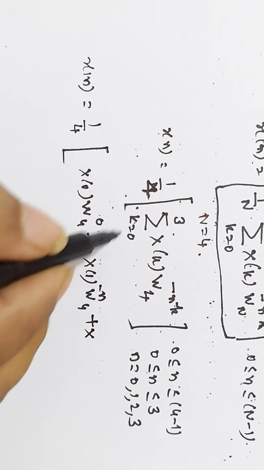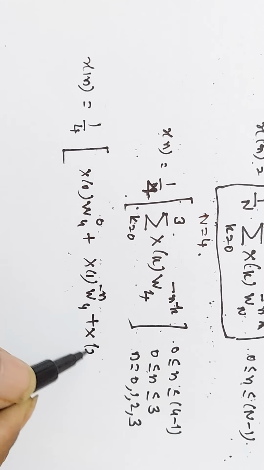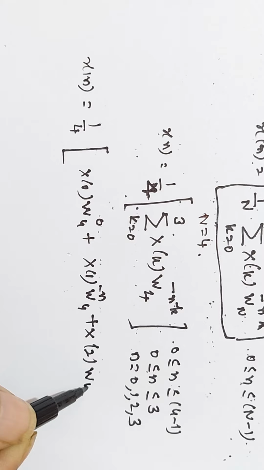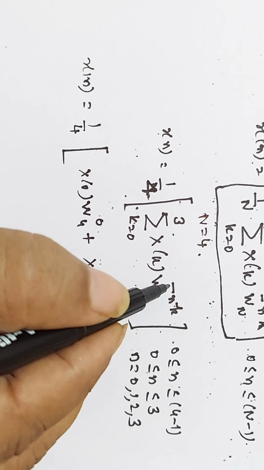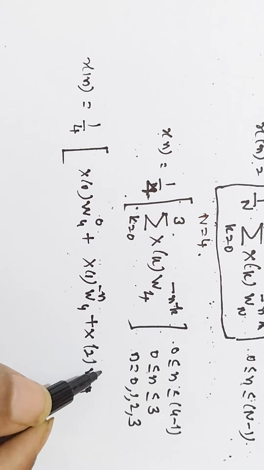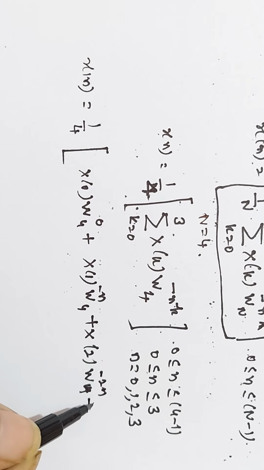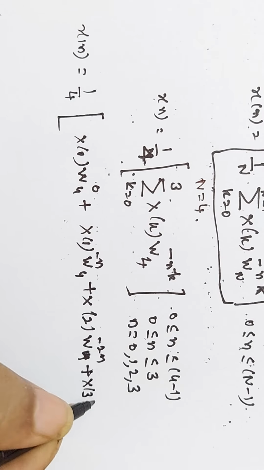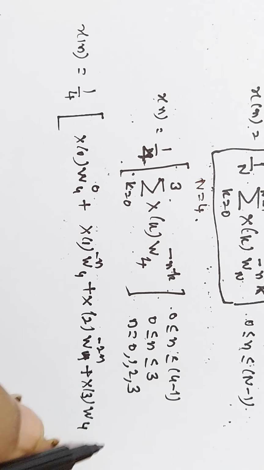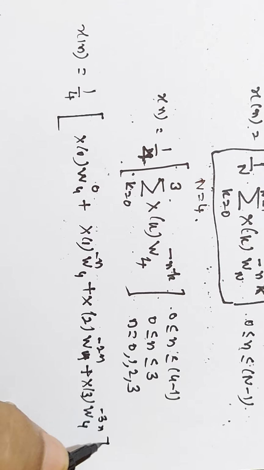Next, k equals 2: X of 2, W_4 minus 2n, plus X of 3, W_4 minus 3n.